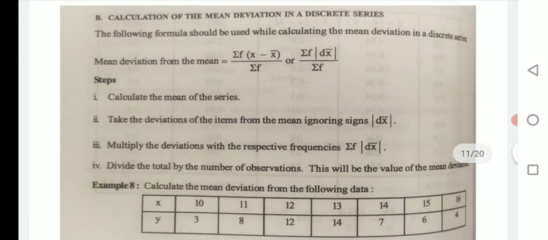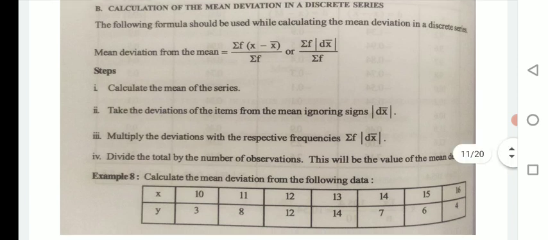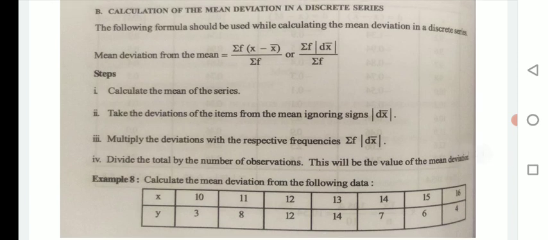In this slide you can see the formula for mean deviation given for a discrete series, and in that you can see that additionally we have to calculate the frequency. So the formula is summation f times the absolute value of x minus x bar upon summation f, or summation f into dx upon summation f.